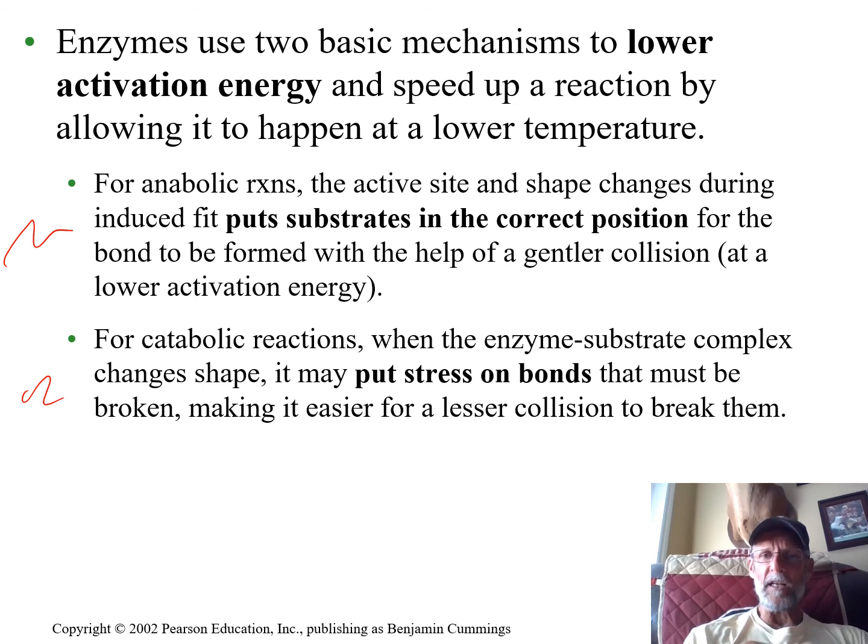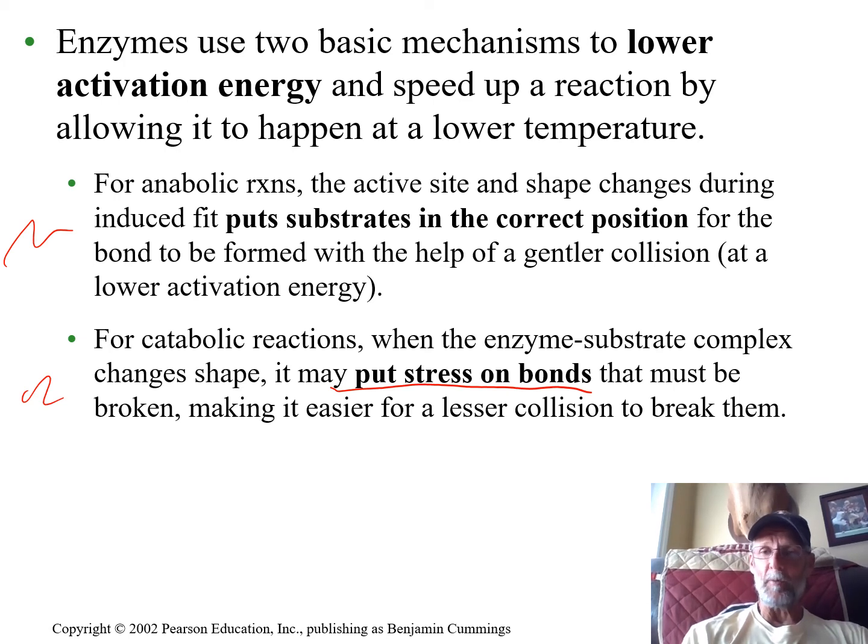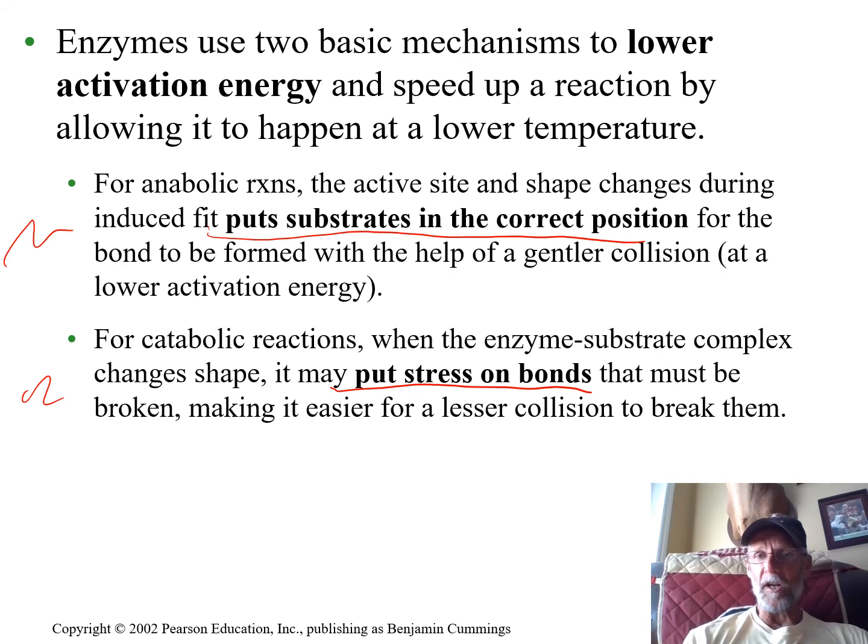If it's catabolic, the shape change bends bonds, puts a stress on those bonds that are going to break and makes them break easier. And if it's an anabolic one, the two or more substrates are being held in the right position. That makes them more likely to bond. That means the reaction's happening faster.